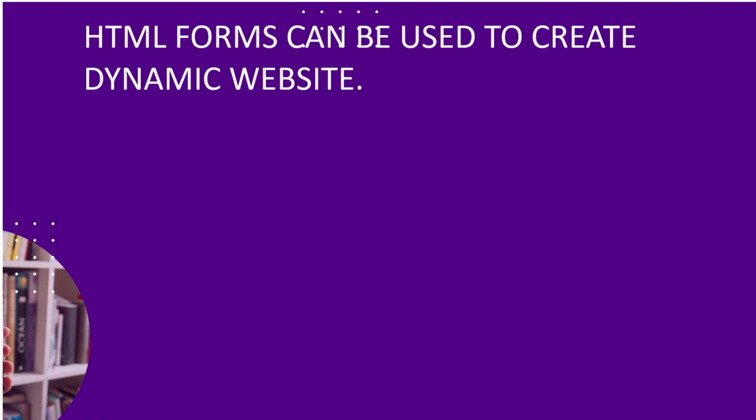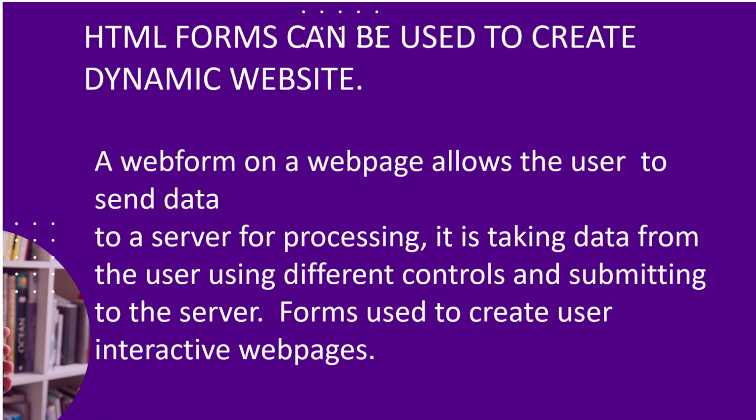HTML forms can be used to create a dynamic website. A web form on a web page allows the user to send data to a server for processing. It is taking data from the user using different controls and submitting it to the server. Forms can be used to create user interactive web pages.